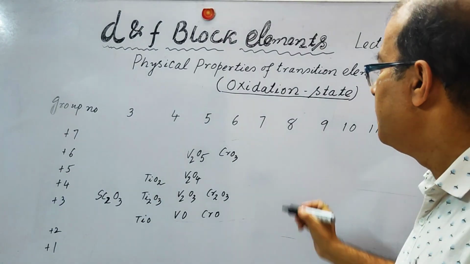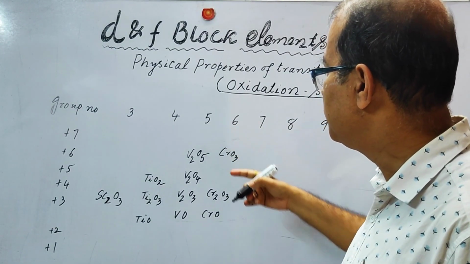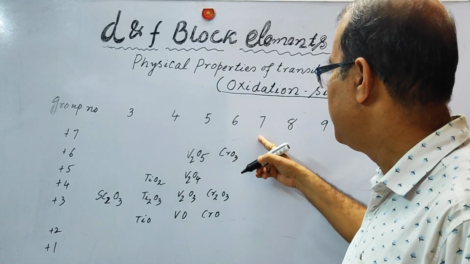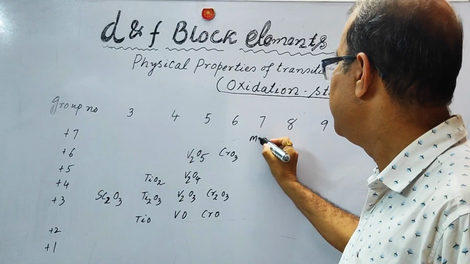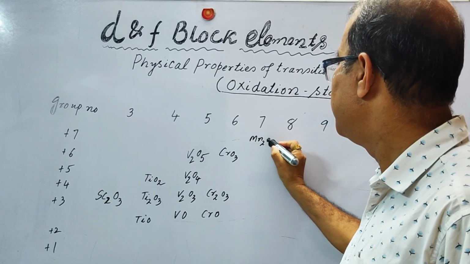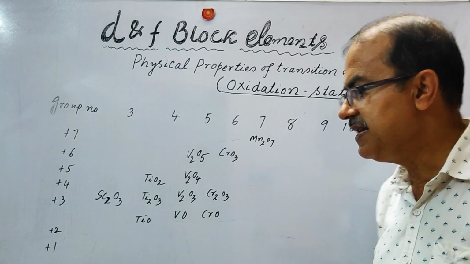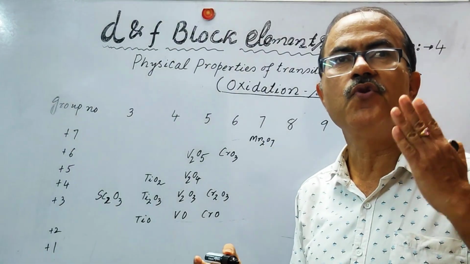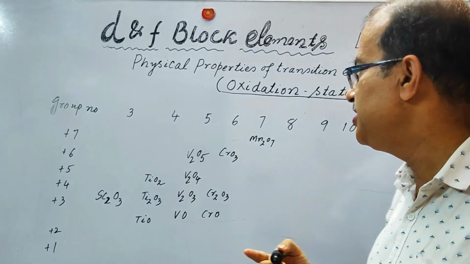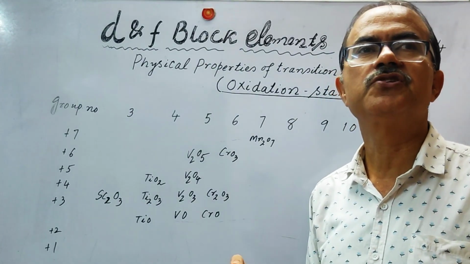Okay. Now you can see that the maximum oxidation state corresponds to the group number. That is manganese, you can see Mn2O7, whereas in the case of fluoride we will not be able to see this +7 oxidation state.